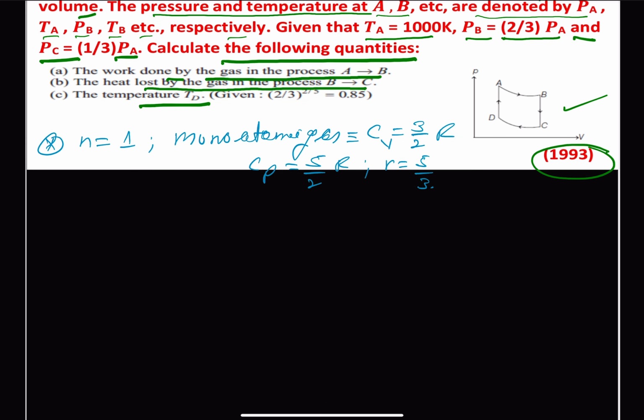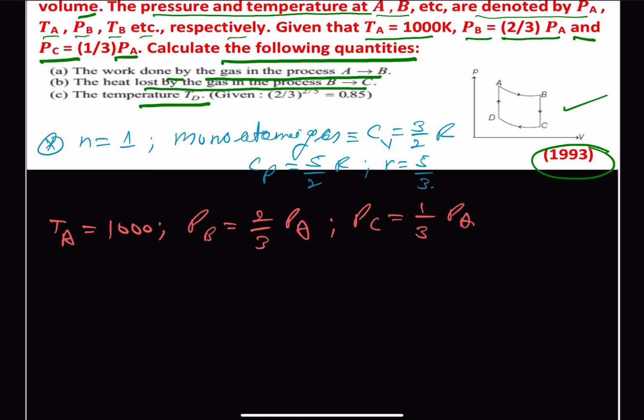And the temperature at A is given, TA is 1000, and the relationship between the pressures is also given. PB is 2/3 times PA, and PC is 1/3 times PA.